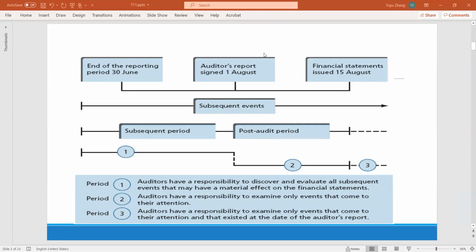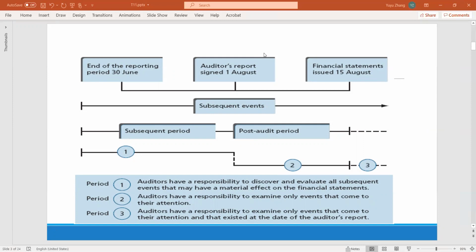However, the auditors' responsibility in the subsequent period could be different in terms of period 1, 2, or 3. Period 1, if we look at the screen, is from the reporting date, 30th of June, to the date auditors sign the auditor's report.